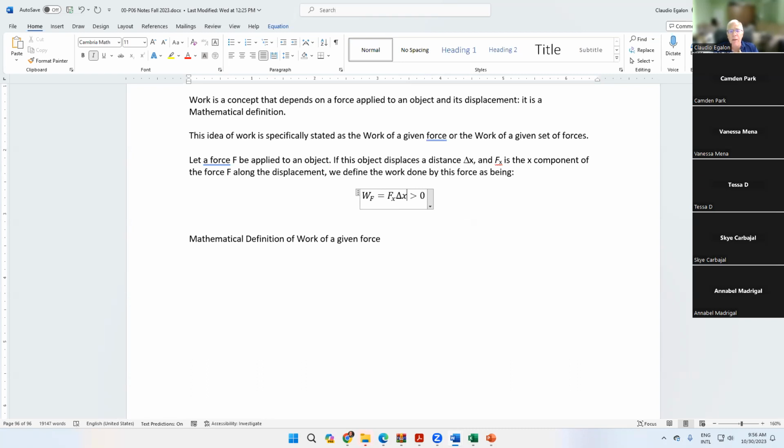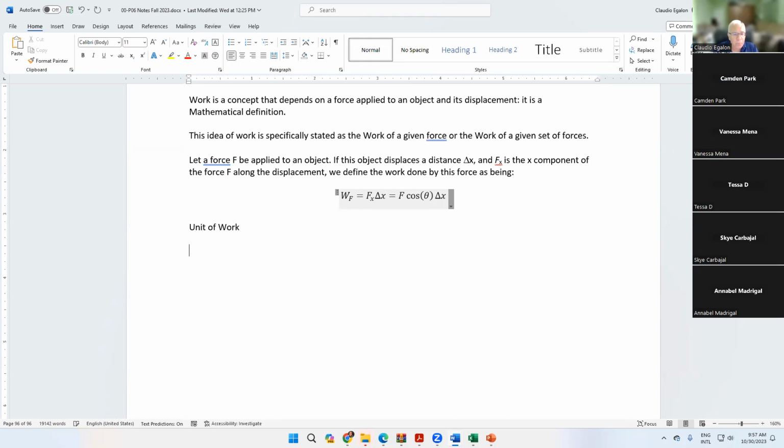That's the starting point of everything in this chapter, which, by the way, is going to be the full force F times the cosine of the angle that the force makes with the horizontal times delta x. Okay, here you go. That's the mathematical definition of work.